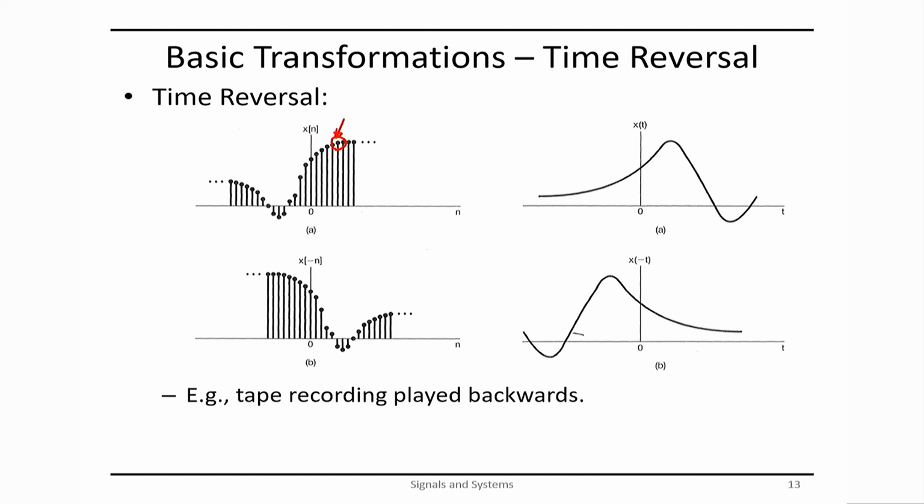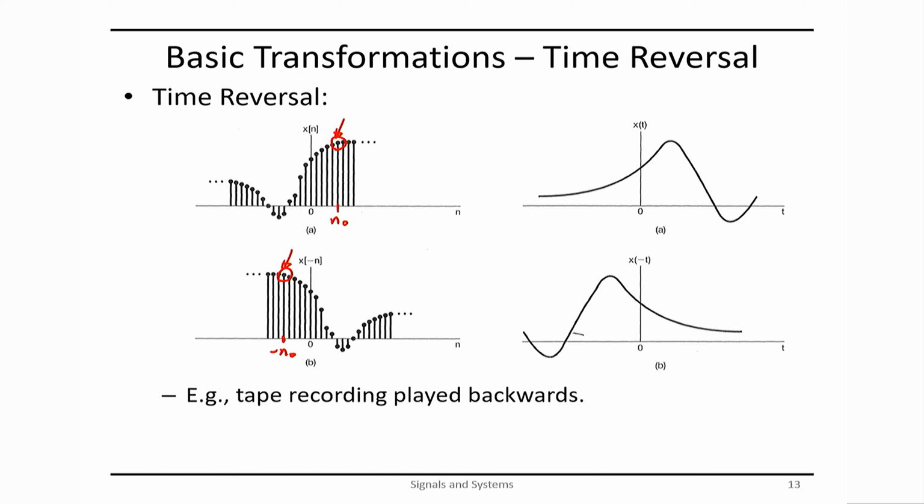So if you're looking at this value at time index, let's say n naught, then after time reversal, this same value will be observed instead at time instant minus n naught.